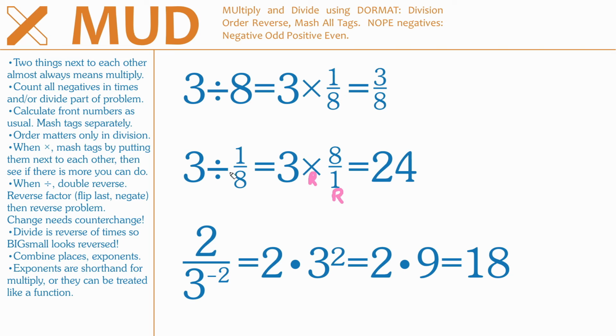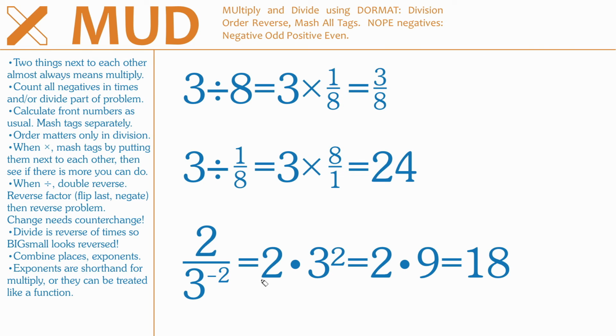I flip the last part of the division. I flip the 1/8, and I get 8 over 1. And so once again, put even that on your calculator. You'll get 24 all the way across, and you can prove to yourself this is the way you do it. So reversing and reversing together. I can make a change if I also make the proper counter change.